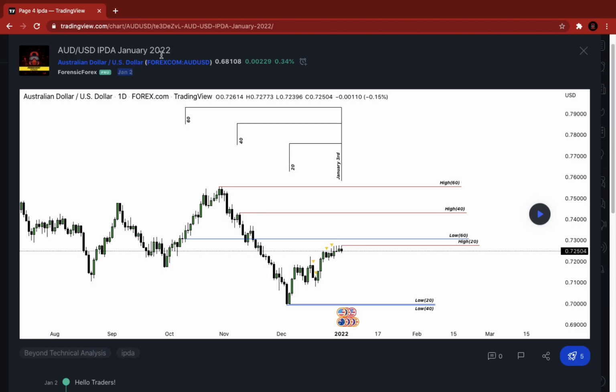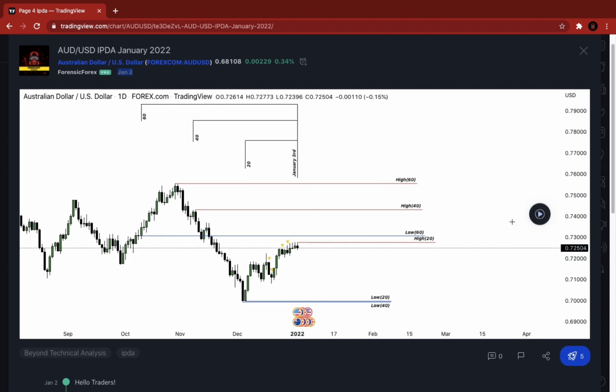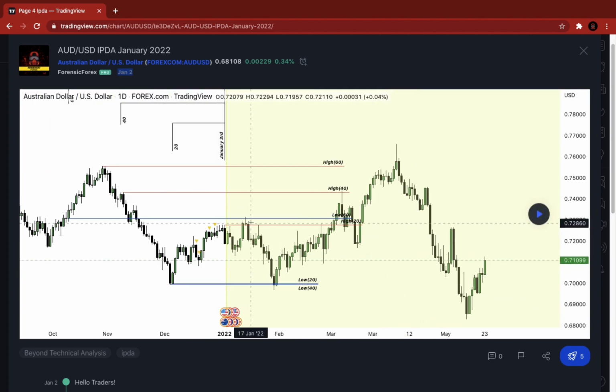Second, 2022 is AU. We're looking at January 3rd, which is the first official trading day of the month. And we look back 20, 40, and 60 days. So then we have our IPDA data range. We have the highs and lows of the respective periods. And you can see how price will then take out this 20-day high, runs up, hits the old 60-day low, runs lower, and takes out the 20-day low and the 40-day low, runs back up, breaks that 40-day high here, and that 60-day high here.